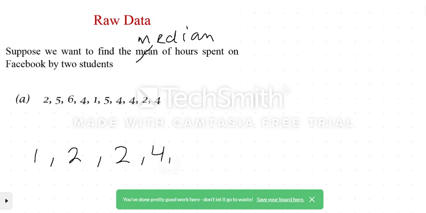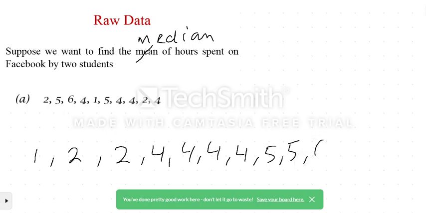So 1, 2, 3 and four 4's, and then 5. We have one 5 over here, and a second 5, so two 5's. Then 6. We have only one 6 in these numbers.